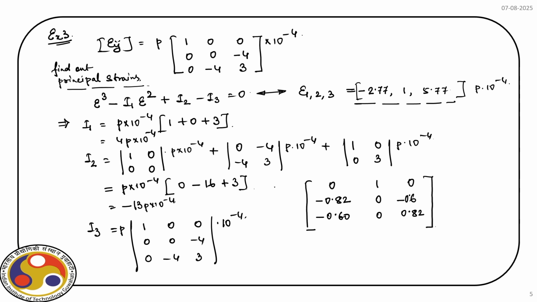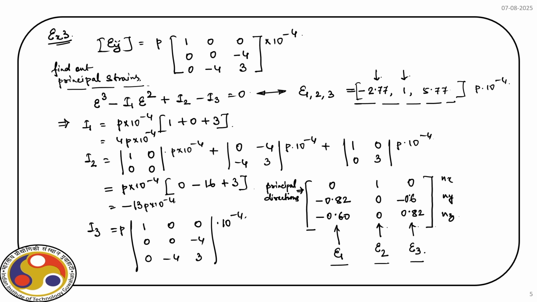So, these are the principal directions. The first column corresponds to the first one here, the second one is for 1, and the third one is for 5.77. For them we have nx, ny and nz.